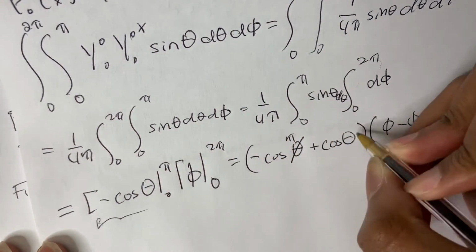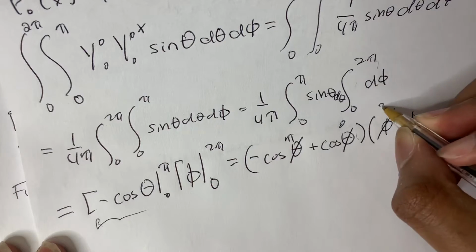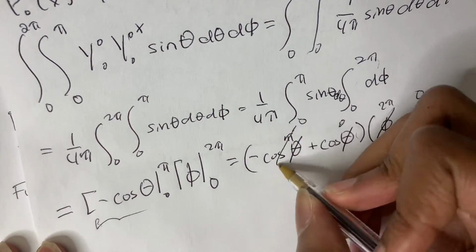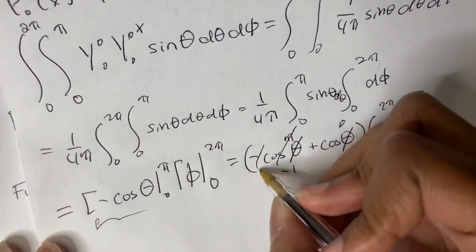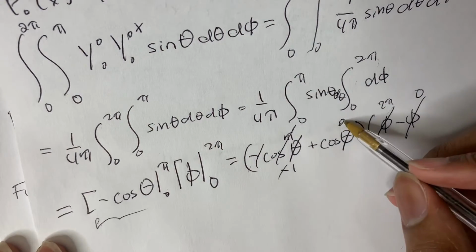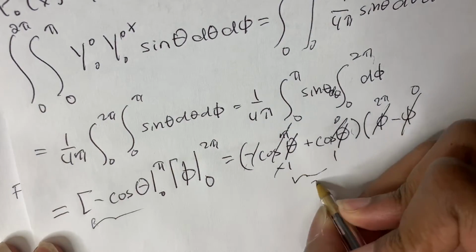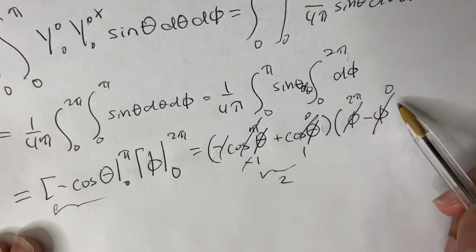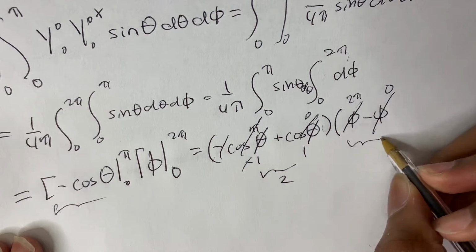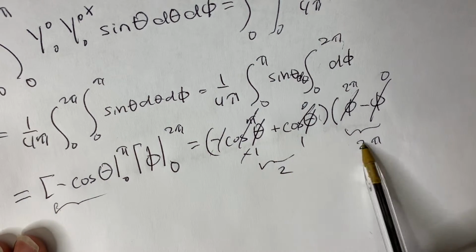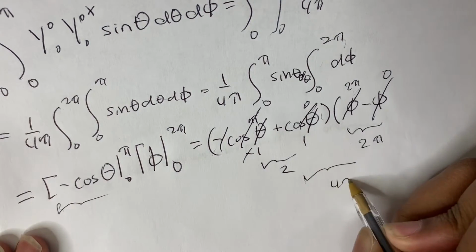So cosine of pi minus cosine of 0, and then phi at 2 pi minus phi at 0. Cosine of pi, that's minus 1. So minus minus 1, that's just 1. Cosine of 0, also 1. So this whole thing is 2. 2 pi minus 0, that's just 2 pi. Okay, so you have 2 times 2 pi, which is just 4 pi.